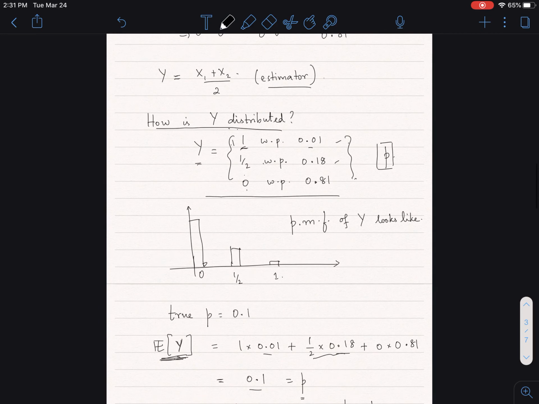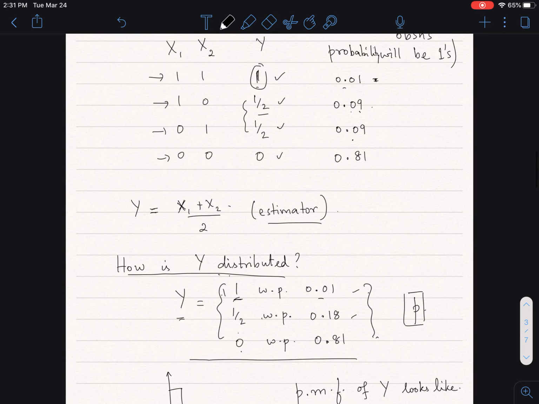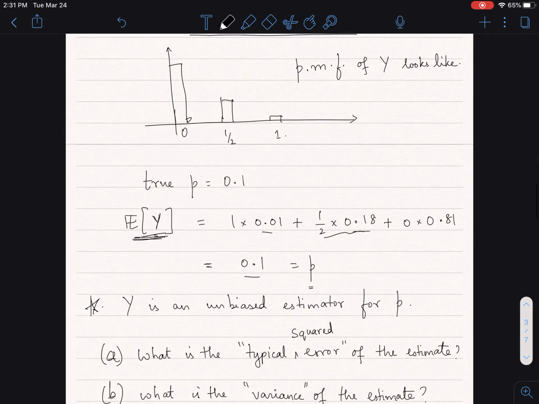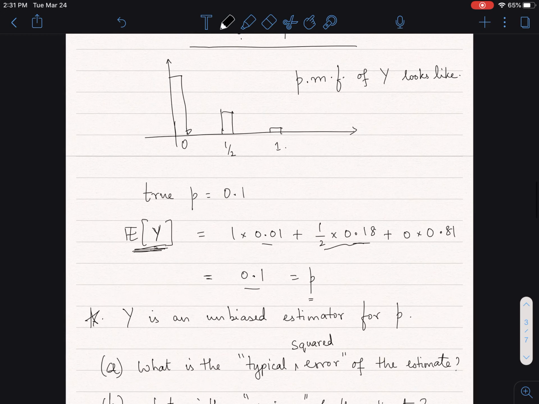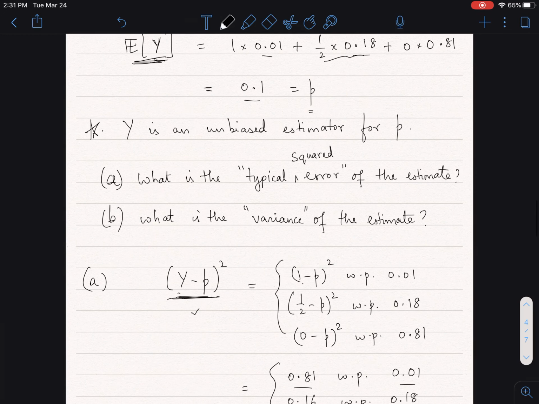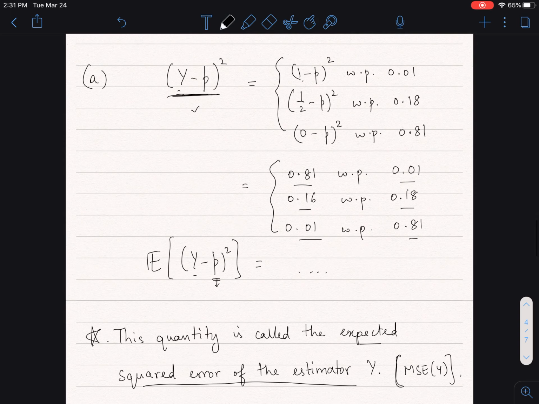What we just defined is that if you had only 2 data points, 0, 1, and your y was deduced from that by taking the empirical average, then this estimator, y being x1 plus x2 by 2, is an unbiased estimator because its expected value is equal to p. And secondly, it had a mean squared error which had some value.